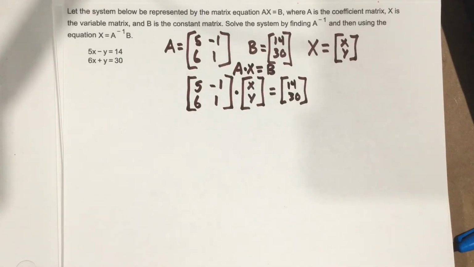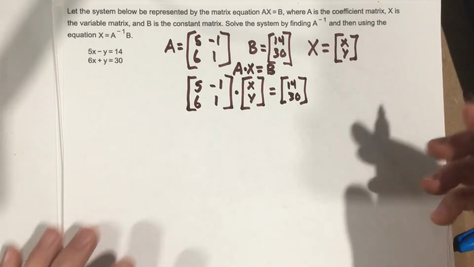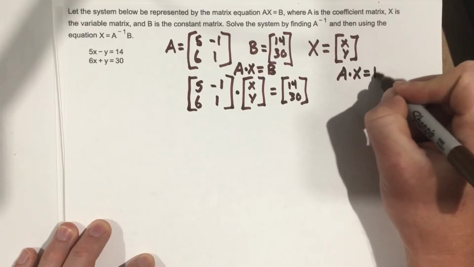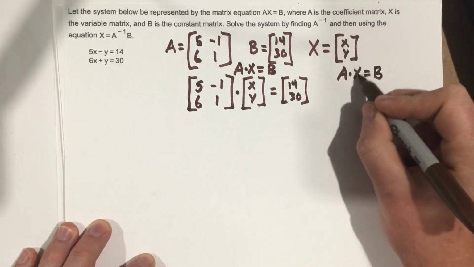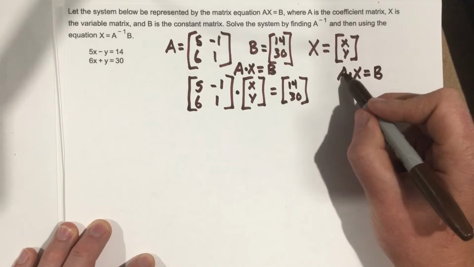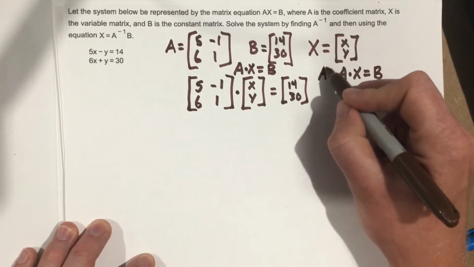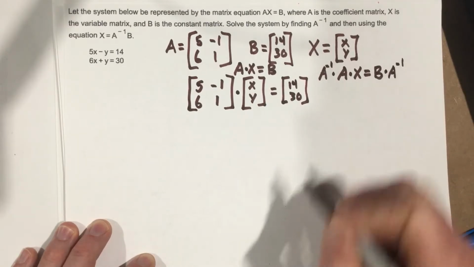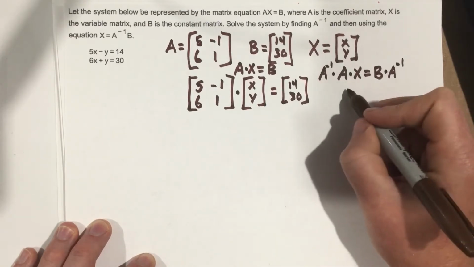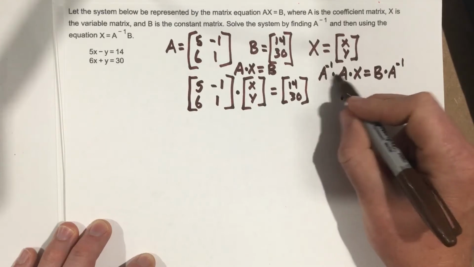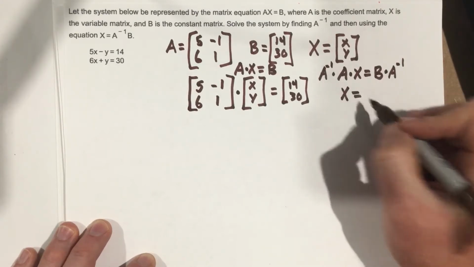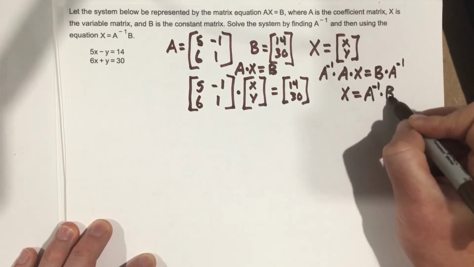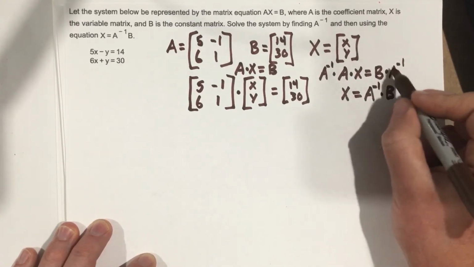Now, real quick, just to kind of see where we're going. If I do A times X equal B, I'm solving for the variable matrix, of course. In order to get rid of A, I have to do the A inverse of each side. When I do the A inverse of A, I get X, because these cancel to be the identity, so they're gone, equals A inverse times B. Now I got to kind of watch how I write this.